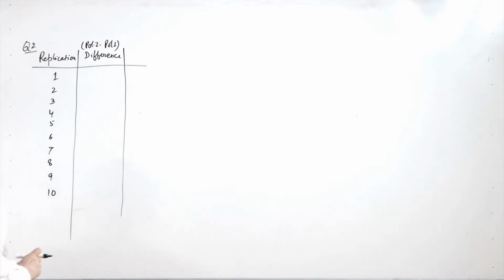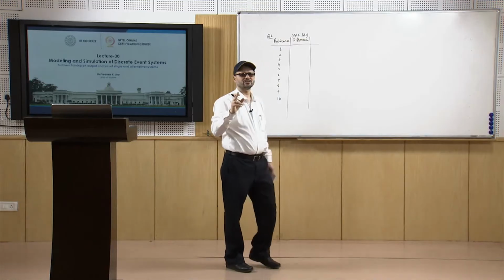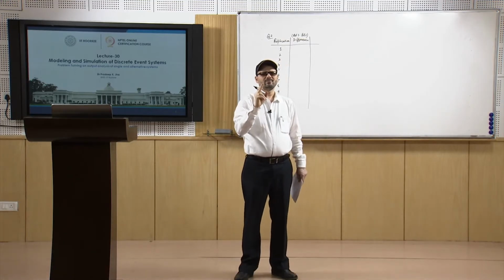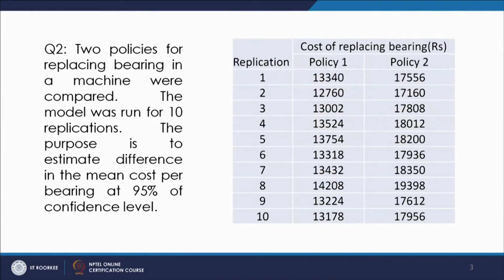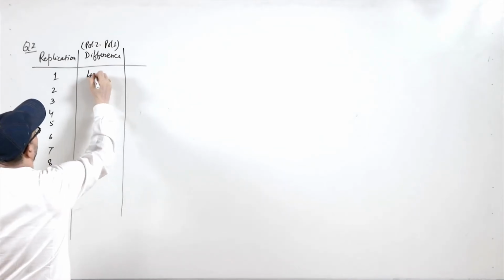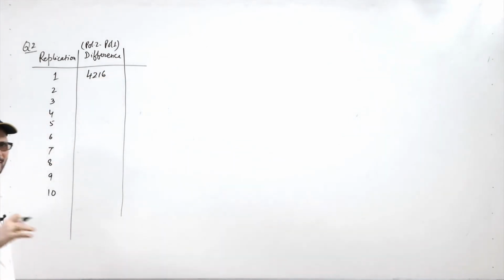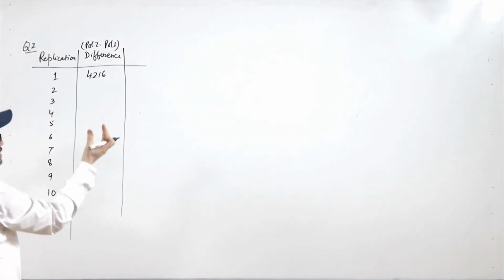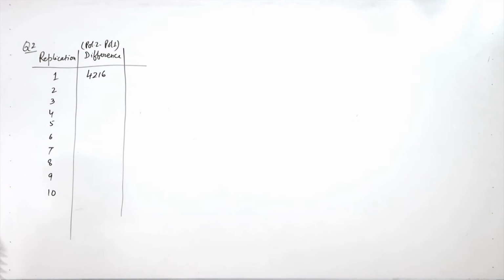Now, for that, if we take the differences, it will be 17,556 minus 13,340. So, that is coming out to be 4216. This way we have to note down all the differences from policy 2 to policy 1.